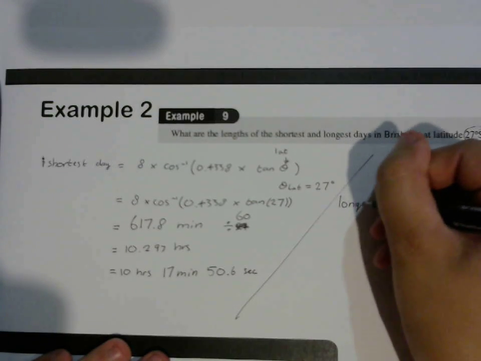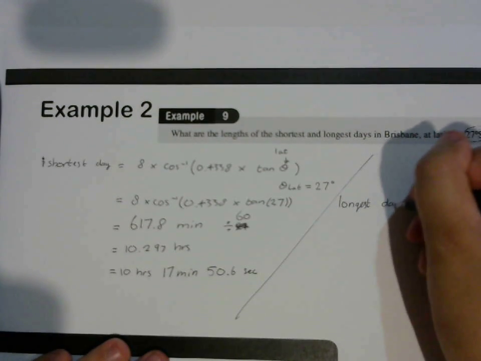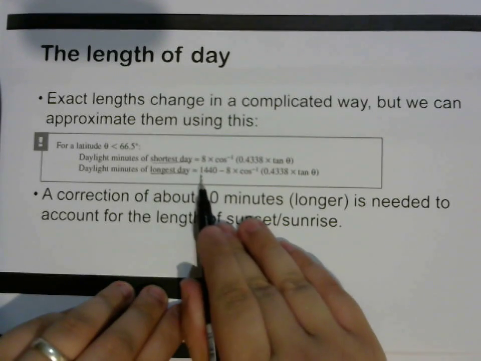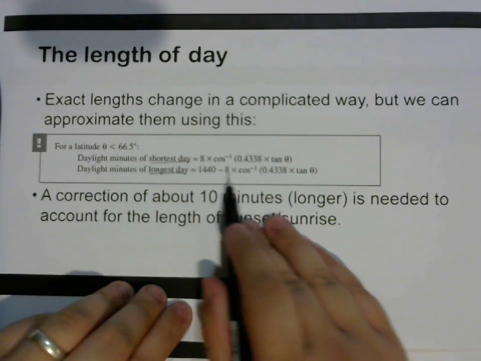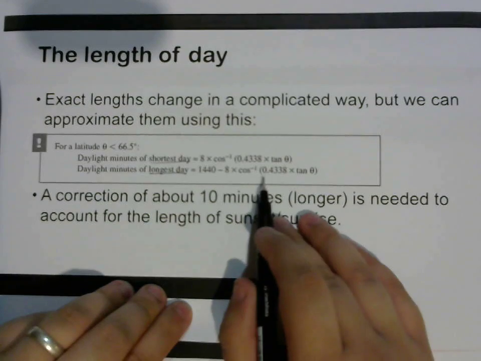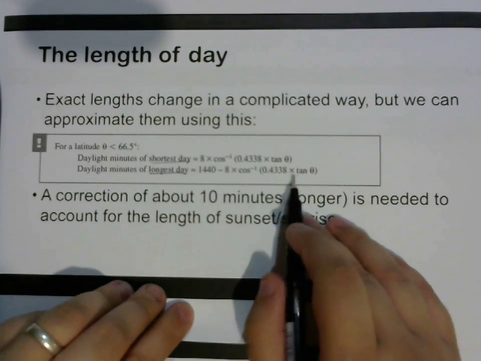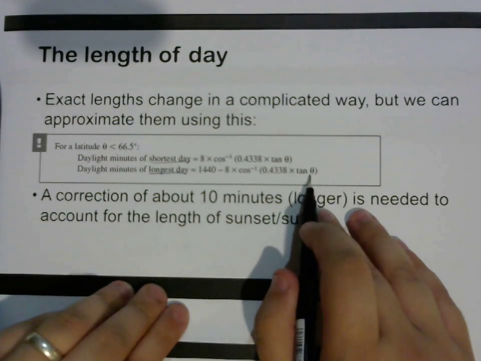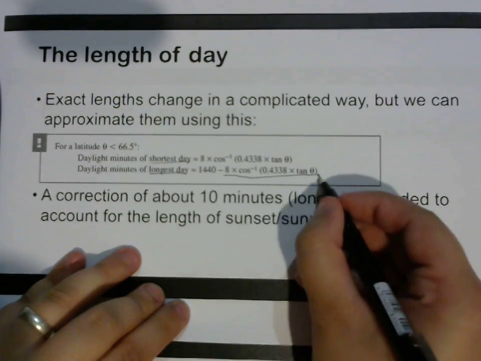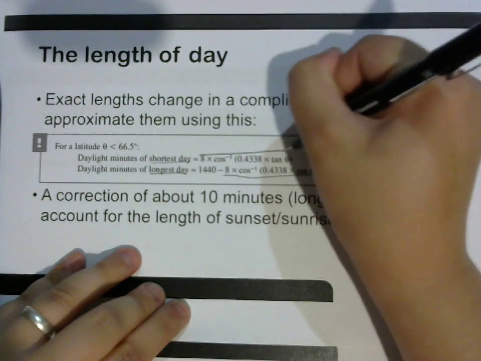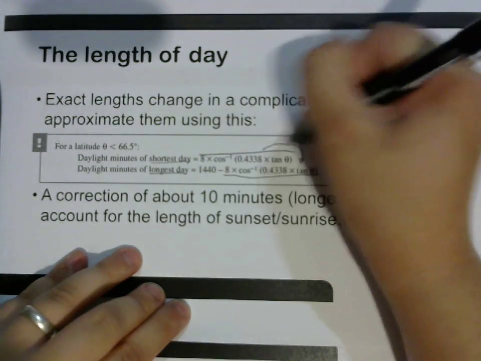The longest day, our rule is 1440 minus 8 times cos^-1 of 0.4338 times tan of the angle. Now all of this is simply the shortest day. We've already calculated that.